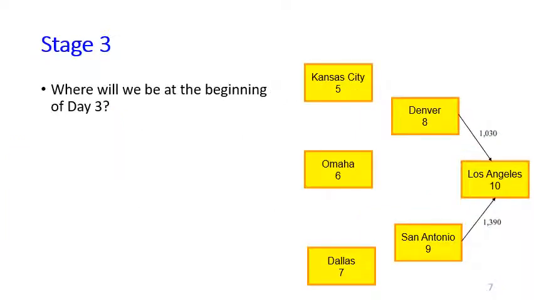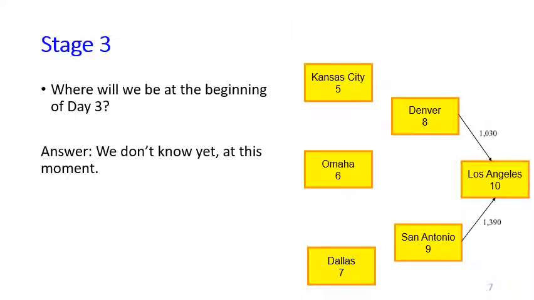Let's go backward and look at a bigger problem. In stage 3, if I ask you where will we be at the beginning of day 3, are we going to be in Kansas City, Omaha, or Dallas? The correct answer is that we don't know yet at this moment because we work backward.